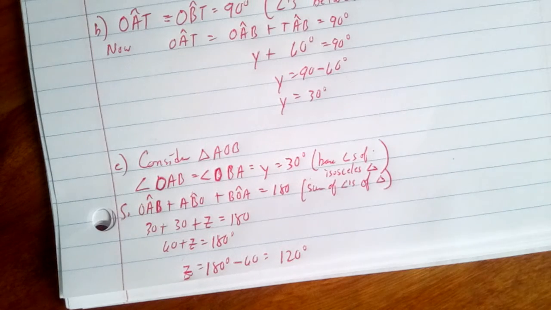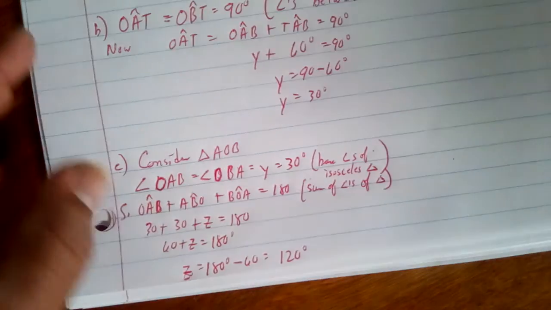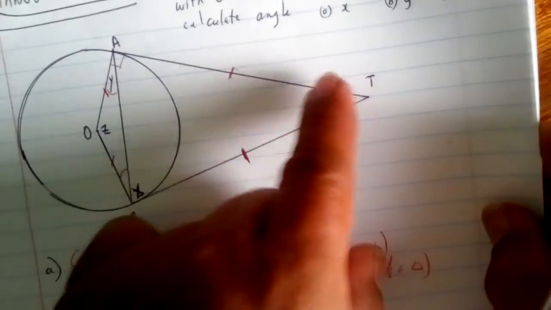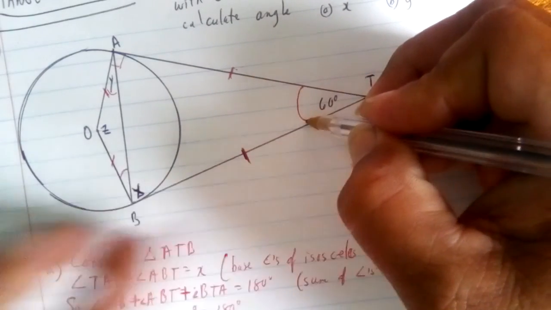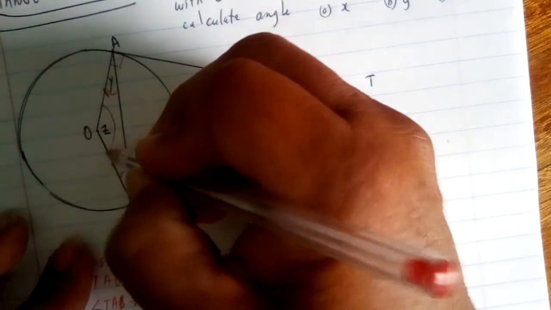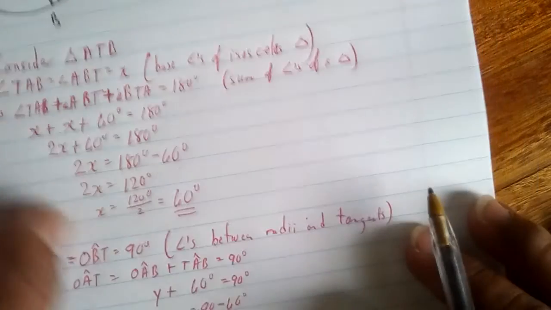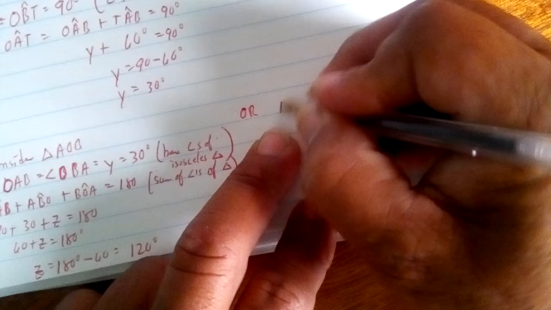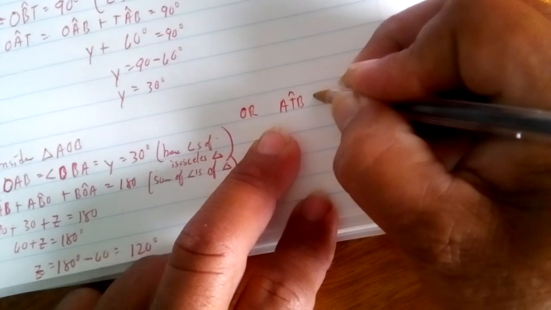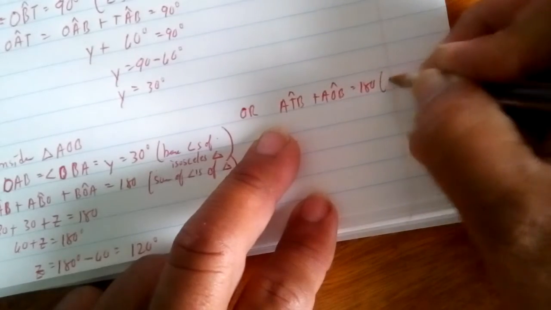Okay, that's one method. Or for this one here, depending on what you want to do, since you already have this angle, you can say that this angle plus this angle must equal 180 degrees. We can work that out. So our next method for us to solve z would be as follows. Or you can put that ATB plus AOB equals 180.